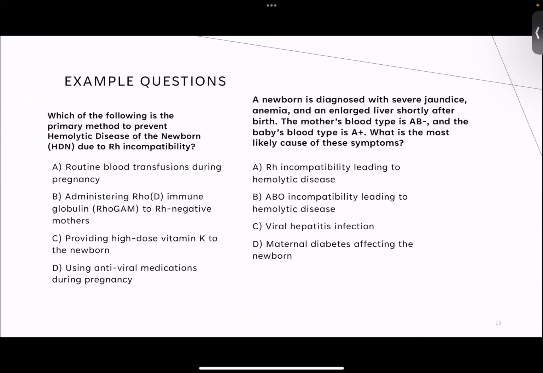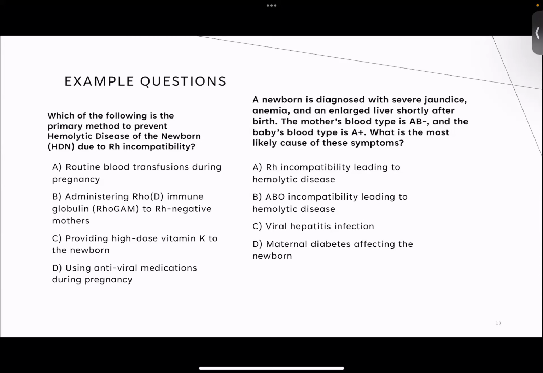But anyways, moving on. Hemolytic disease of the newborn for RH incompatibility is going to be the RH negative mother attacking an RH positive baby, and there has to be a sensitization for it. So our question is, which of the following is a primary method to prevent hemolytic disease of the newborn due to RH incompatibility?